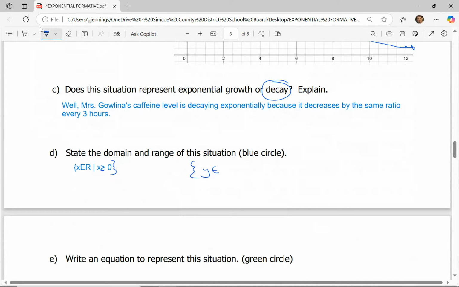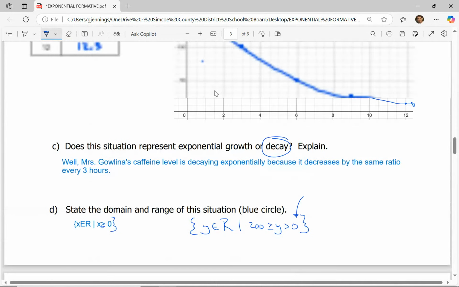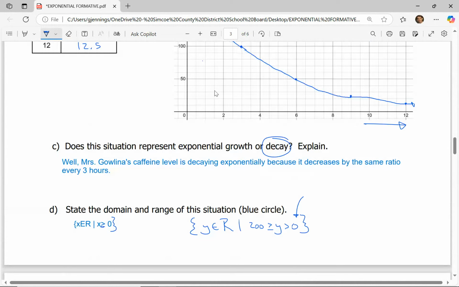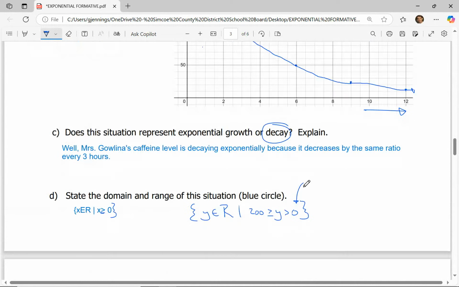That's greater than or equal to y, which is always greater than 0. As some of us noted in class, does that mean that there's always some caffeine in your body? Yeah, but pretty soon this is like just one molecule of caffeine or something that's like a pesky little molecule we can't get rid of. And it's out that way towards infinity. It never quite gets to 0, practically.